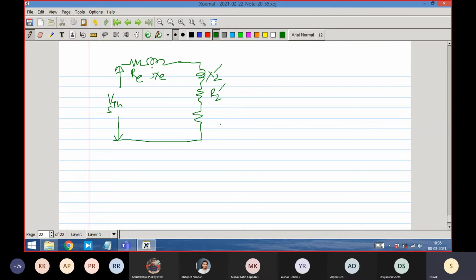This is R2 dash. This is R2 dash into (1 minus S) by S. This is the mechanical port. This port is the mechanical port, right? This is the mechanical port.